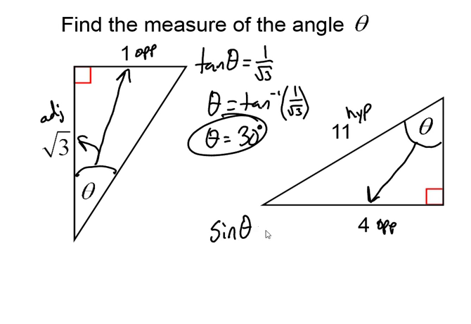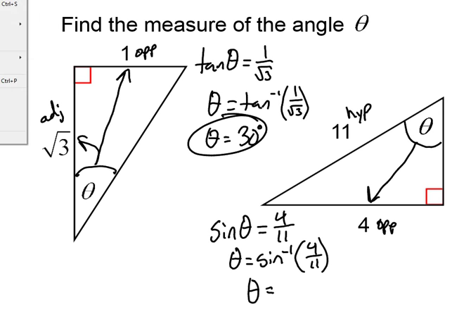So the sine of theta is equal to opposite 4 over 11 hypotenuse. We'll get theta by inversing those sides, 4 over 11. So the inverse sine of 4 divided by 11 is approximately 21.3 degrees. That's how big the angle is actually.